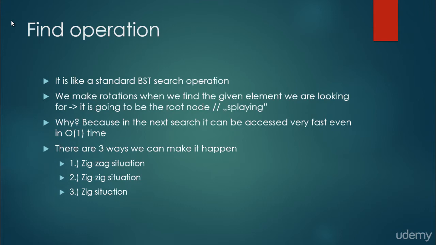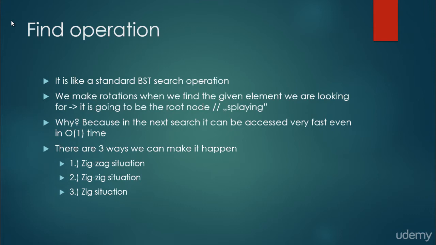So we find the given node according to the binary search tree operation. Then we make rotations to make sure that the node we are looking for is going to be the root node after the rotations. And why is it good? Why are we bothering about it? Because in the next search it can be accessed very fast, even in constant time complexity.